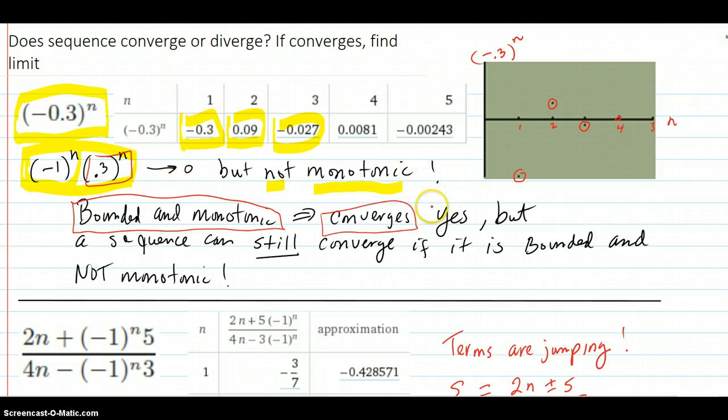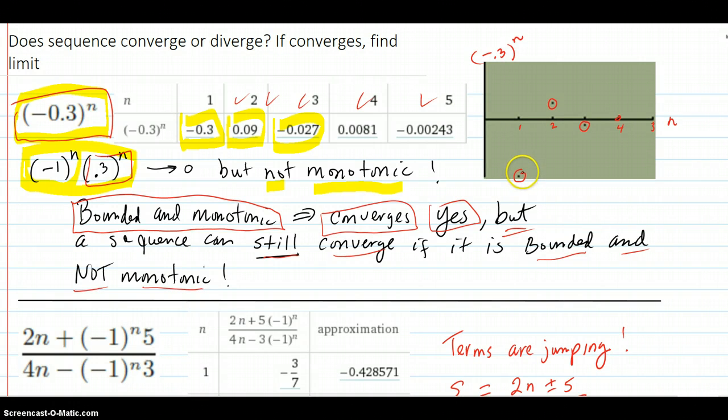That's true, but a sequence can still converge if it is bounded and not monotonic, and that's what this example shows, because this sequence is definitely headed to 0, since every term gets hit by another 0.3, driving it down to 0, but it alternates between plus and minus, so it's not monotonic.